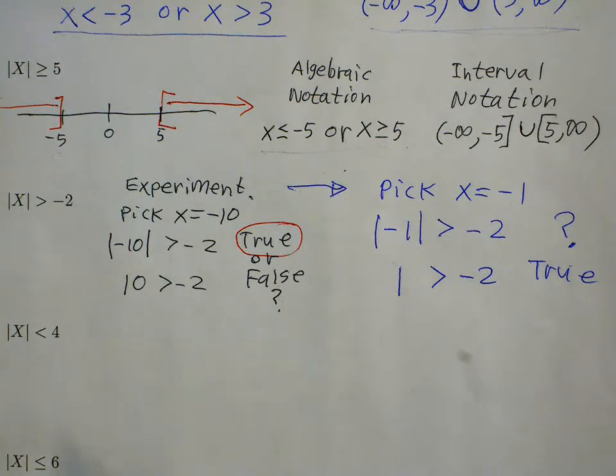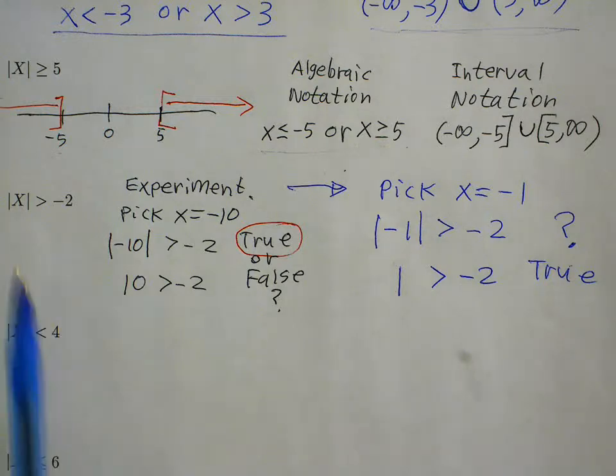Okay, think of it this way. Remember yesterday, I wrote on paper the statement: the absolute value of a number is never negative. The smallest number that the absolute value could be is 0. But other than that, the absolute values are positive.